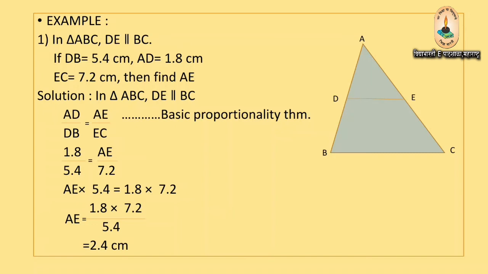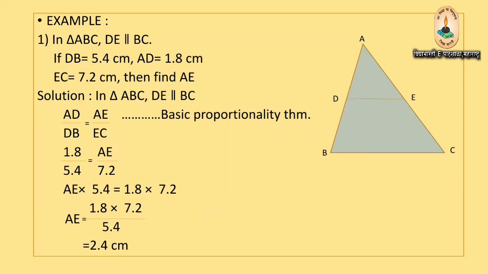In triangle ABC, it is given that segment DE is parallel to segment BC, and hence by using the basic proportionality theorem, we have AD upon DB is equal to AE upon EC. Then substituting the given values, we have 1.8 upon 5.4 is equal to AE upon 7.2.